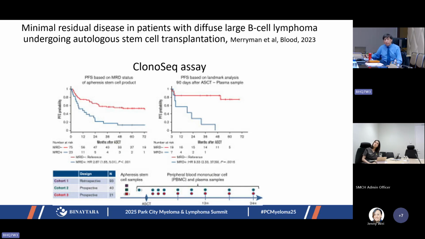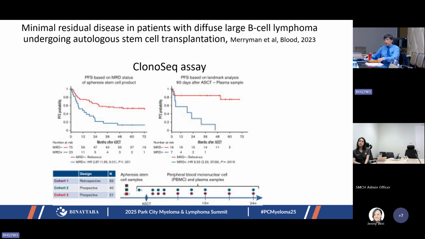So we know, though, that we talked about the clone-seq assay, which is the next-gen sequencing assay used characteristically for ALL. And this is a study from David Miklos at Stanford, saying that if we use clone-seq, now we have a sensitivity of 1 in 10 to the 6th.